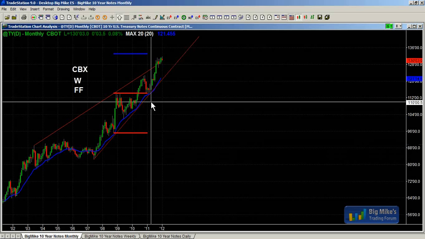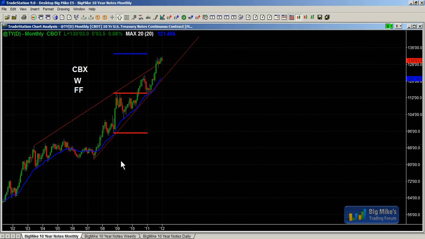Over here, 2011, pretty much vertical. So we've had a series of buy climaxes without much of a correction in between. And when the market has 3 or 4 consecutive buy climaxes, it usually is followed by a correction that is far deeper and lasts for far more bars than what people think is reasonable.